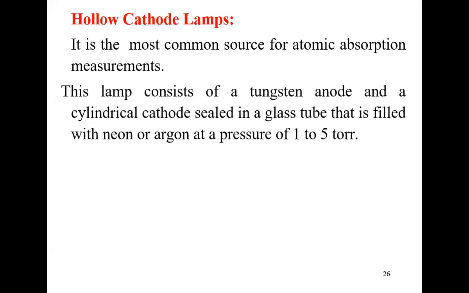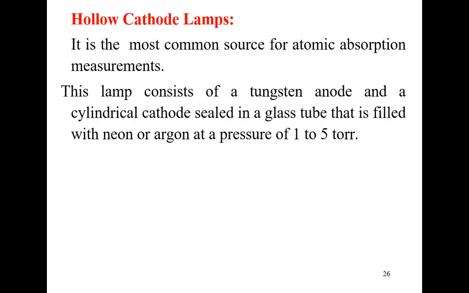This lamp consists of a tungsten anode and a cylindrical cathode sealed in a glass tube that is filled with neon or argon at a pressure of 1 to 5 torr. Remember, the glass tube should be made of quartz. And remember the pressure of neon: 1 to 5 torr.